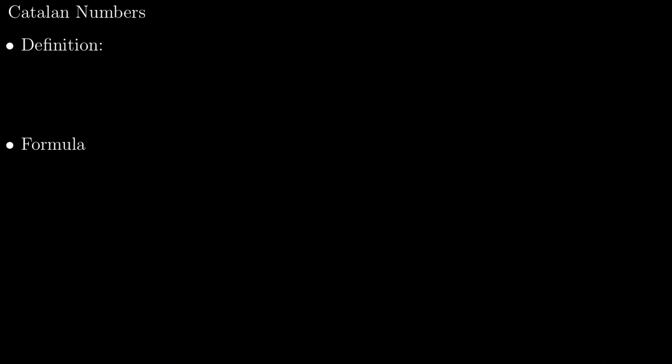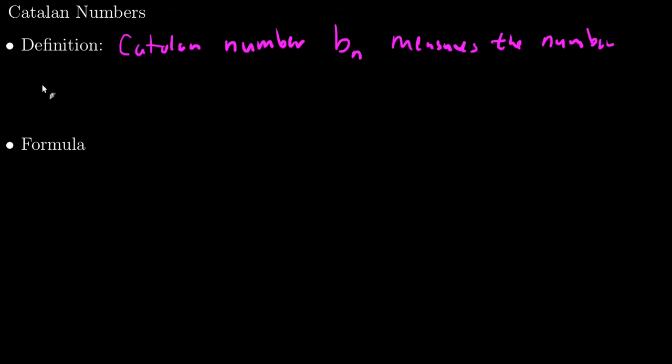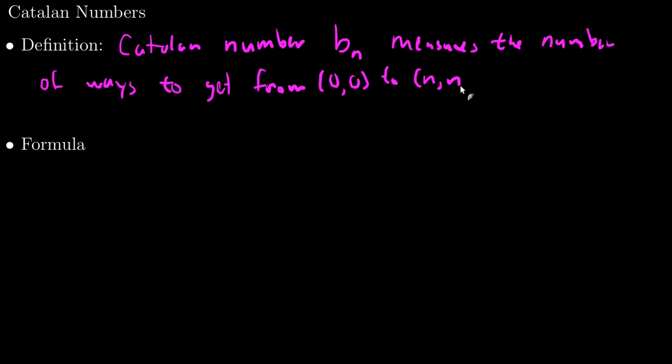So, definition and a formula. The Catalan number b sub n measures the number of ways to go from 0, 0 to n, n without going above y equals x.